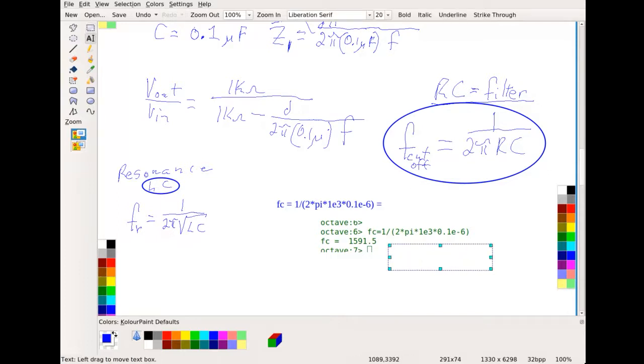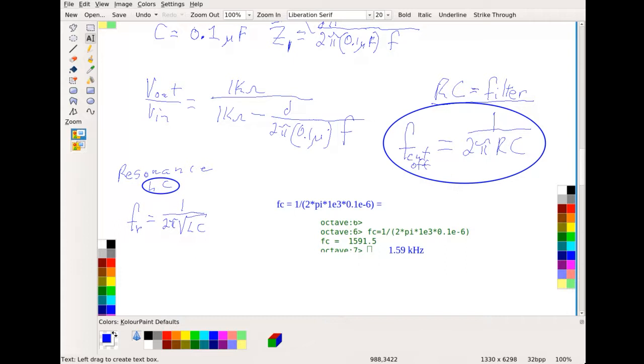All right, so that's 1.59 kilohertz for our 3 significant digits. Okay, and so that is this critical frequency.